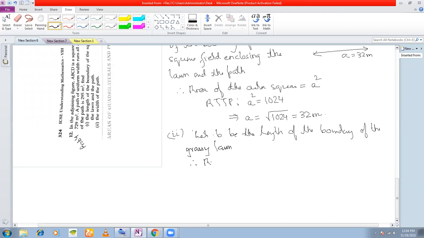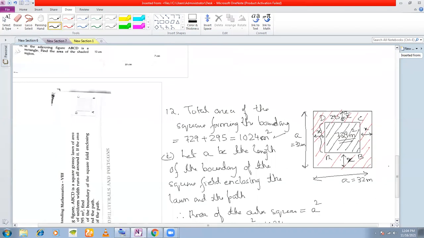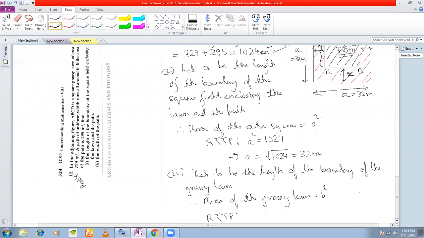Therefore, area of the grassy lawn is equal to B square. And what is the area given here? Anyone? What is the area of the grassy lawn? 729, right?